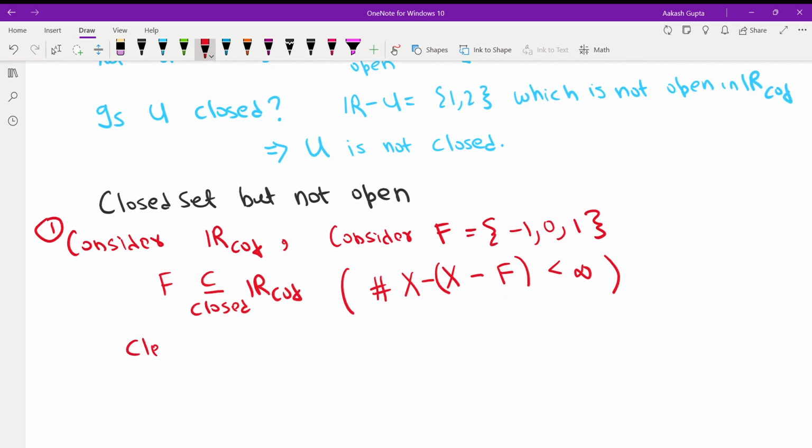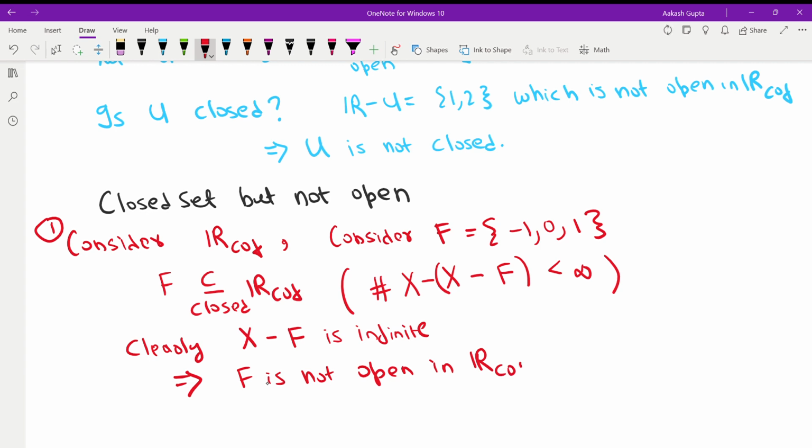And clearly, X minus F, what's the cardinality of this set? It's an infinite set, right? So this implies F is not open, in R along with cofinite topology.